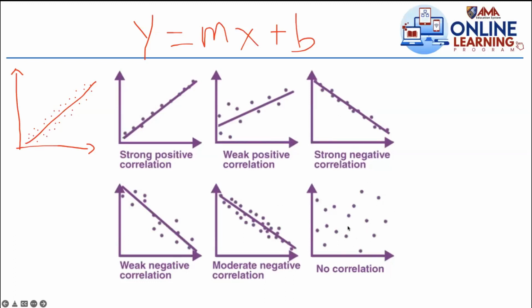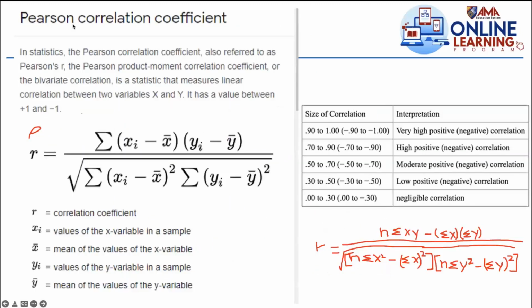But how about the value? We can describe correlation not only in terms of a graph, but also by a single number, and it's connected to the Pearson correlation coefficient. It's a single number which we can obtain using this formula, but actually in our examples we'll use this one.